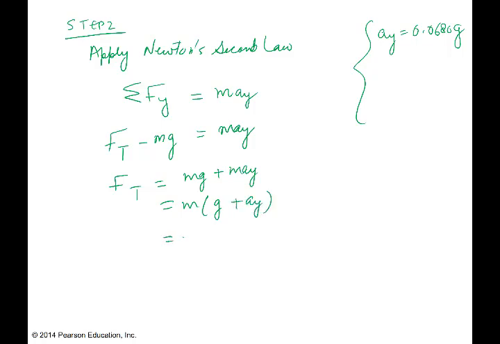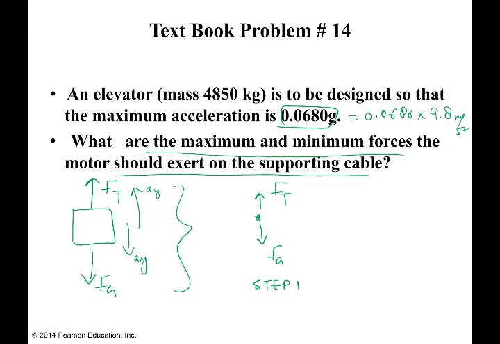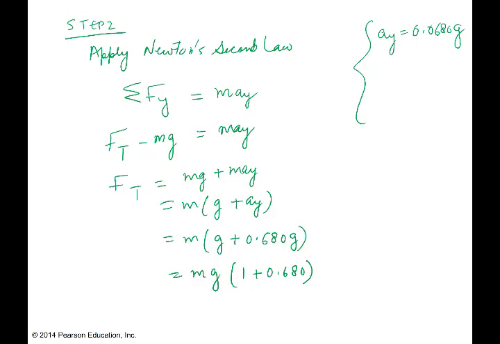By the way, we know that ay is 0.0680 times g, so we can even take this g out. We can write mg times 1 plus 0.0680 because I took the acceleration due to gravity out. So m is the mass, and you can go ahead and substitute the mass. Is it a negative number that's given for this? No. So you go ahead and find out.